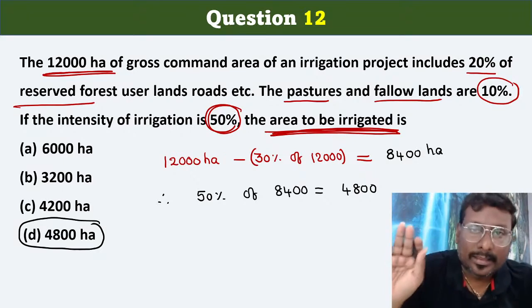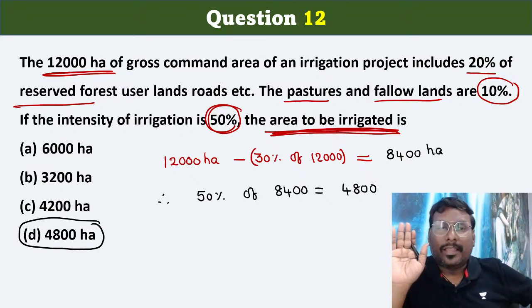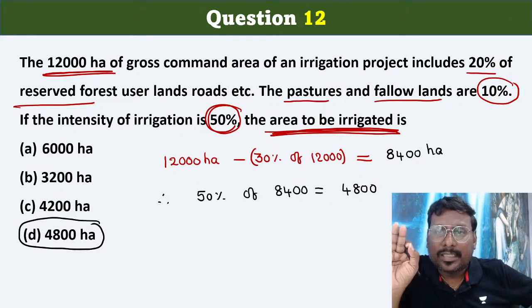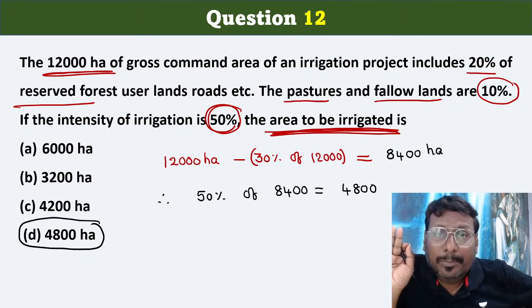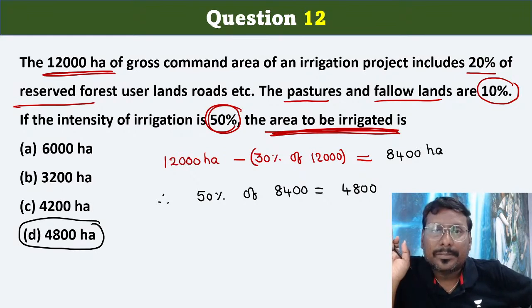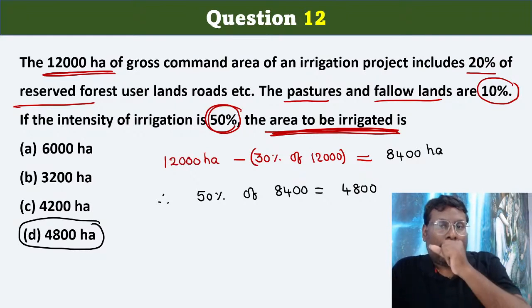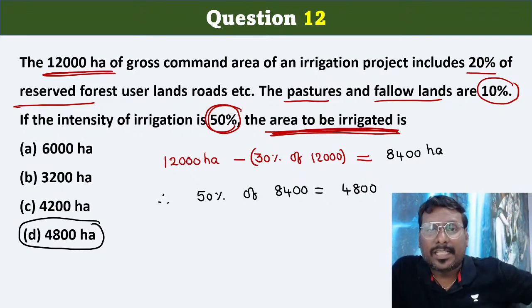Total area is 12,000. In that 20% reserve forest, 10% fallow lands. Means only 70% available for irrigation. In that 70% available for irrigation, 50% is only working.